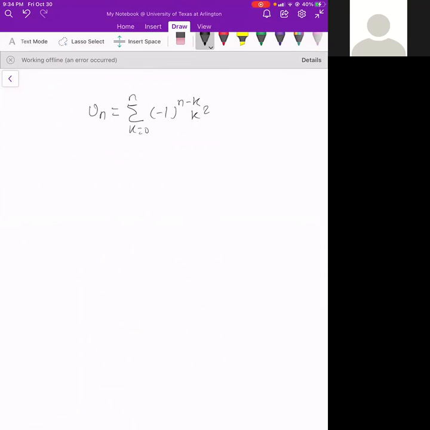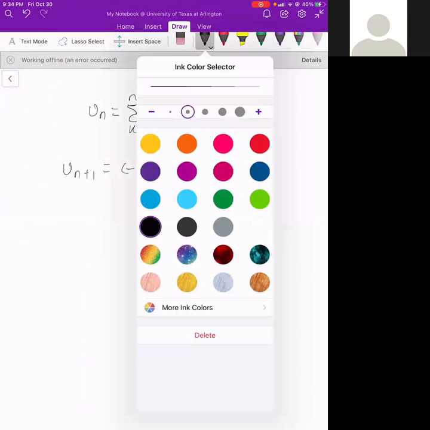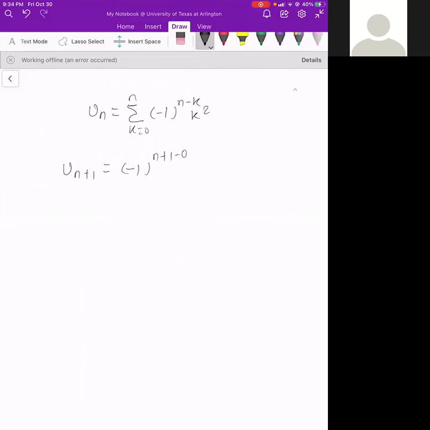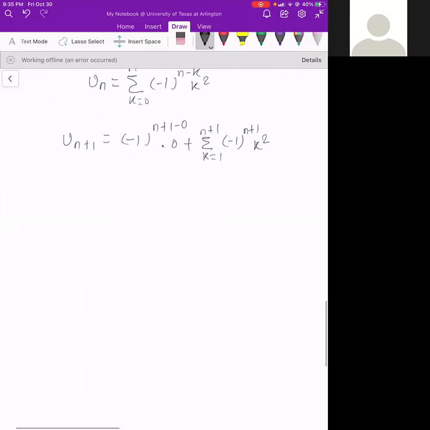We will try to evaluate U(n+1) by splitting off the first term, and that will give us U(n+1) equals minus 1 to the power n plus 1 minus 0, times 0, of course, because k equals 0 and 0 squared is 0. Then we will evaluate the rest of the summation over here, n plus 1 minus 1, n plus 1, k squared. That doesn't look bad.